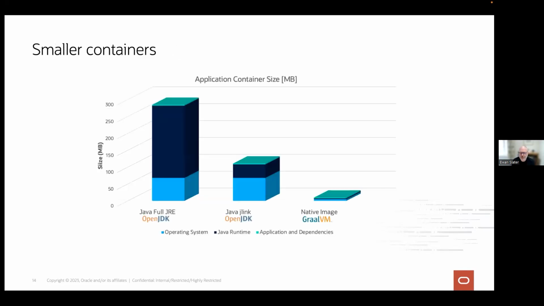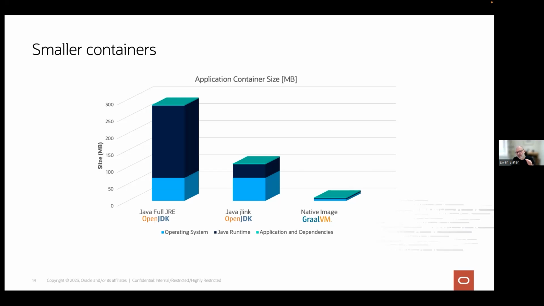And it's not just the amount of memory that's being consumed, it's not just the amount of CPU that's being consumed. If you're containerizing your application and using a native image, using native Java, you can produce a much smaller container. If we take the example on the left, this is the traditional way of doing it. You've got your Java application, you're packing in the whole of the Java runtime environment, and you've got the operating system all within your container.